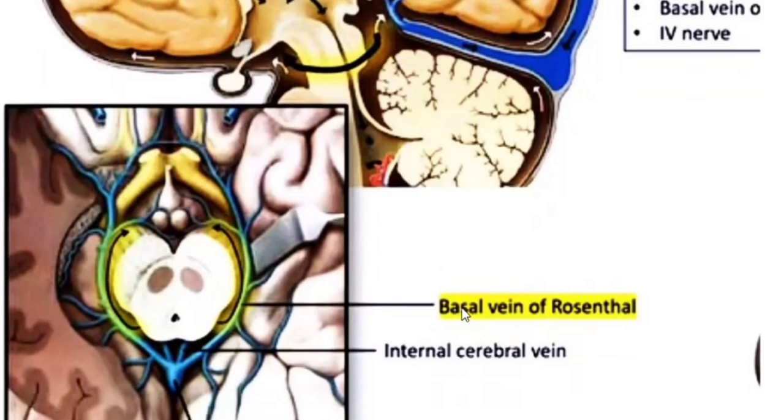The basal vein of Rosenthal joins with the two internal cerebral veins, and together they form the vein of Galen.